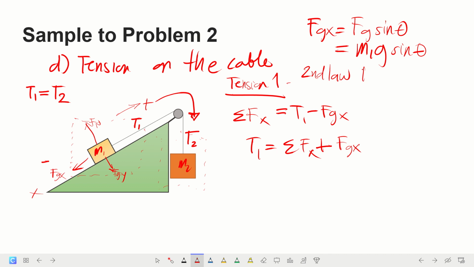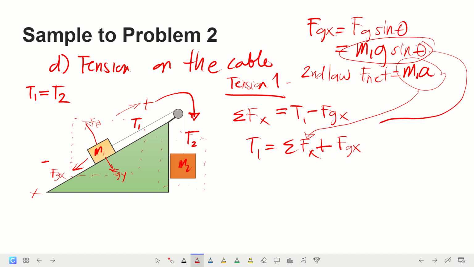is equal to mass times acceleration. The mass here is mass number 1, because these are the forces acting on mass 1. So we can substitute this and the x component of the force due to gravity.